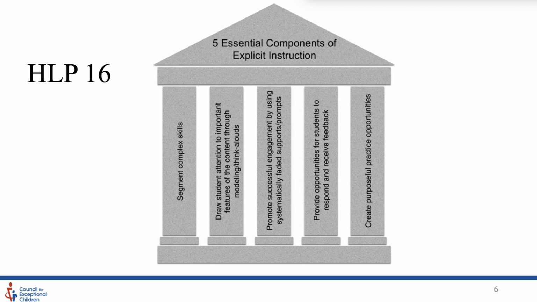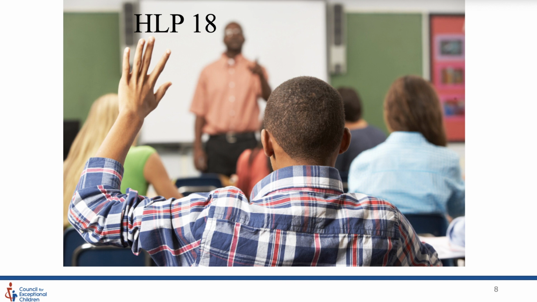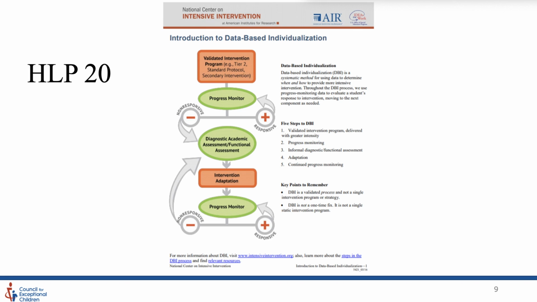Certainly HLP 16, which is all around using explicit instruction, but also HLP 22, which is to provide students with high quality feedback, and HLP 18, which is to engage students. I'd certainly note HLP 20 as being really critical around using intensive instruction and intensive intervention.